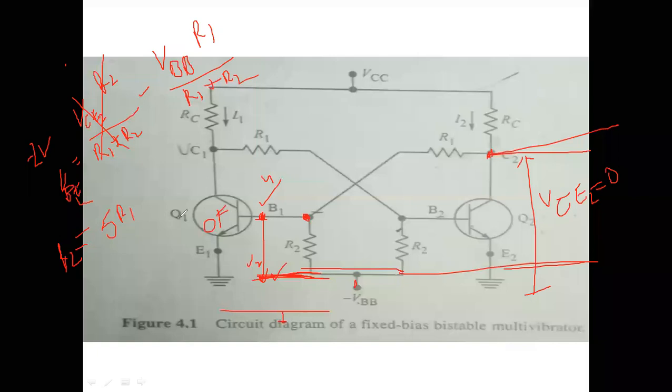That's why I have taken a value less than 0.6. We are assuming that the VCE saturation voltage is 0. When it is 0, this term goes to 0, and we substitute VBB equal to 12, as given, and simplify. You make it R2 equal to 5 R1. Make it this equation as 1.